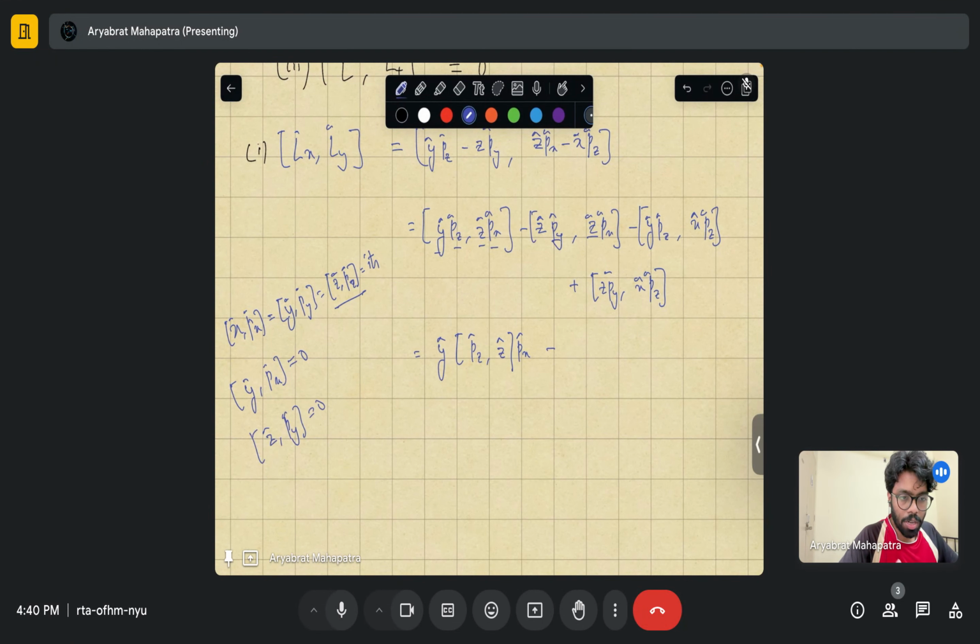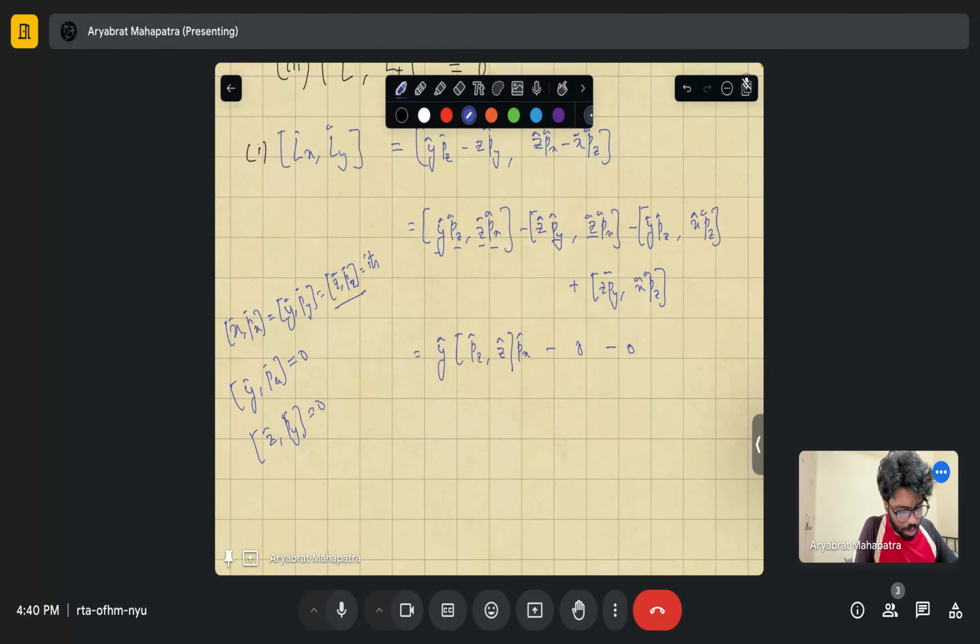So the second term would give you zero, because if I pull out z from the left and px from the right, within the commutation you will have py and z, which is zero, and in the same way pz and x also commute with each other, so that will also be zero.